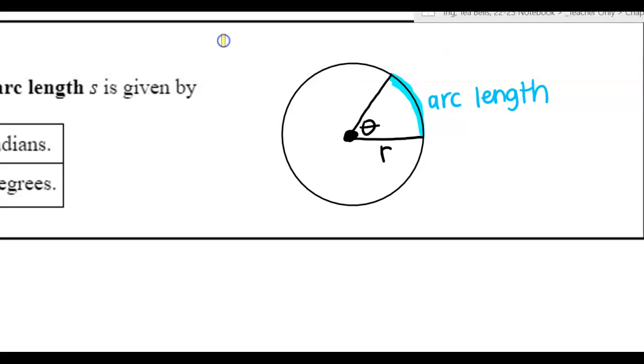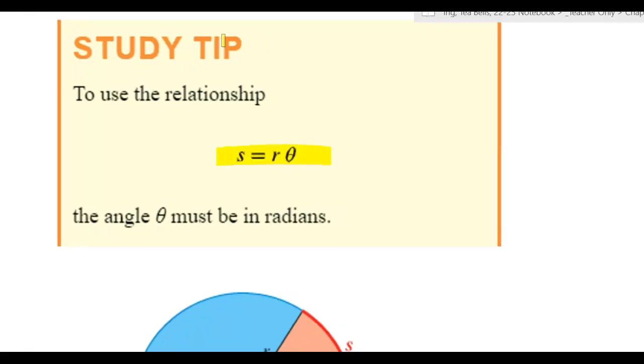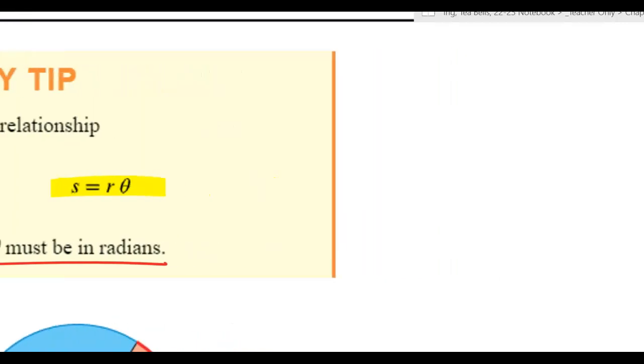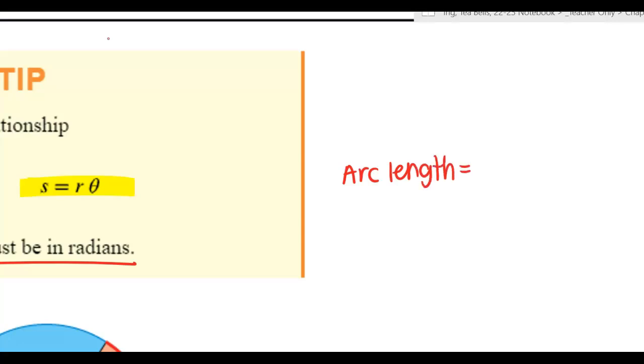If we shift down here a little bit, we have two equations that we're going to talk about. We're going to reiterate this equation here. Remember the angle must be in radians, as always. To put this in terms you can refer back to quickly, without having to remember what S is, your arc length is equal to your theta times your radius.